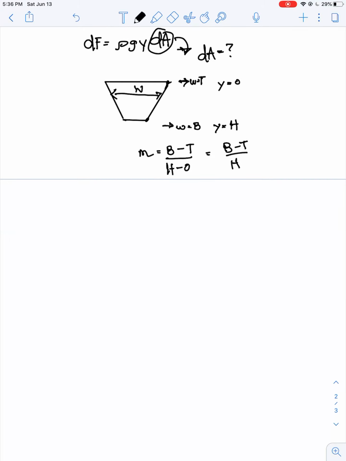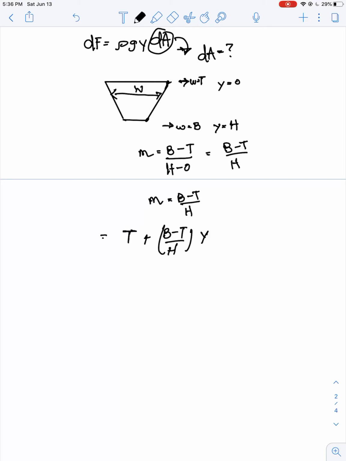Well, since that's the slope, what is it dependent on? It's dependent on the depth, y. Okay, so m is b minus t over h. Well, the line will be starting from the top, t, right here. That is the intercept, since we're starting there. And then to that intercept, we will add how the line is changing: b minus t over h, the slope, times the dependent variable, y.